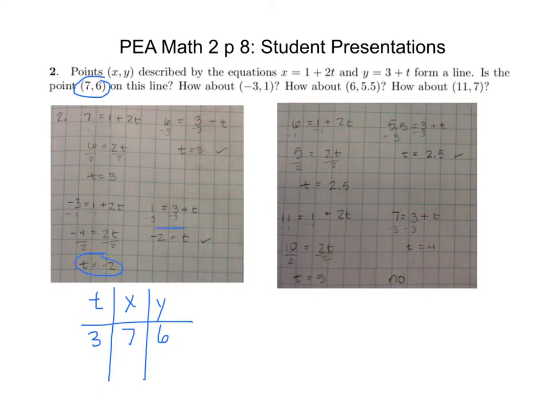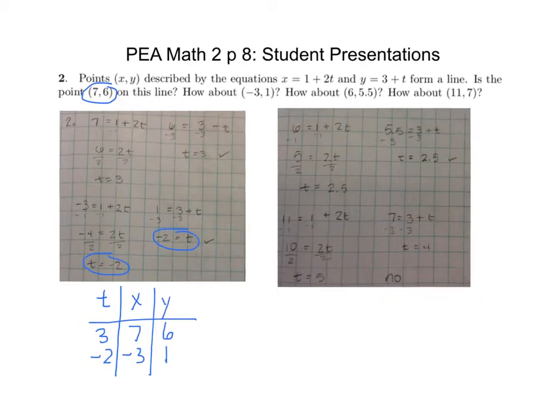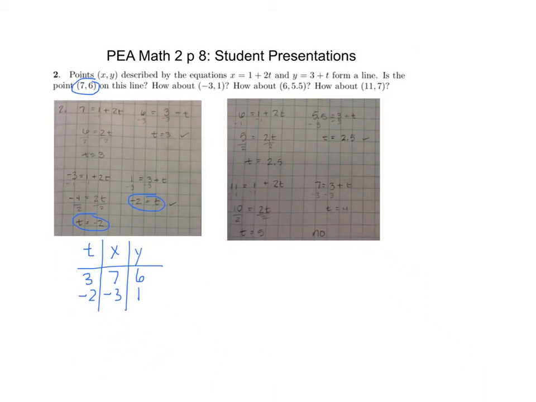She has a t value of negative 2 here to give the x of negative 3 and 1. She has a t value of 2.5, which gave the x value of 6 and the y value of 5.5.